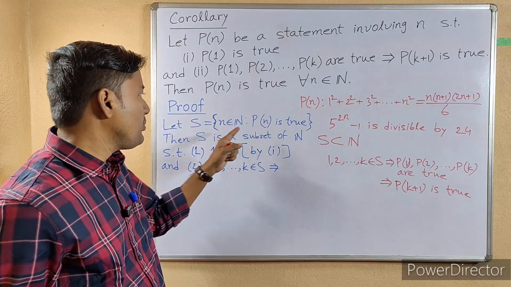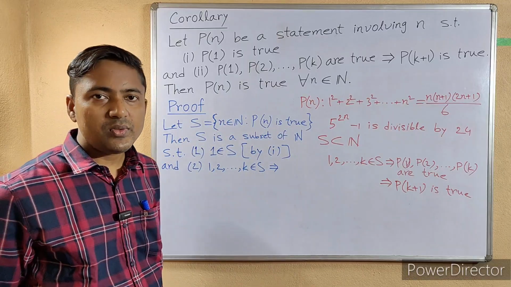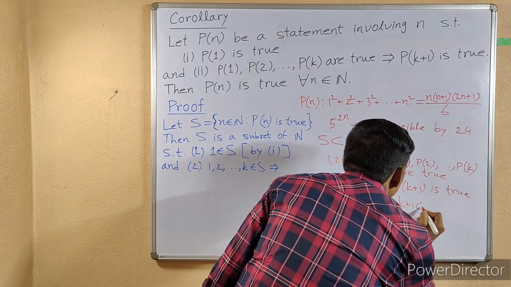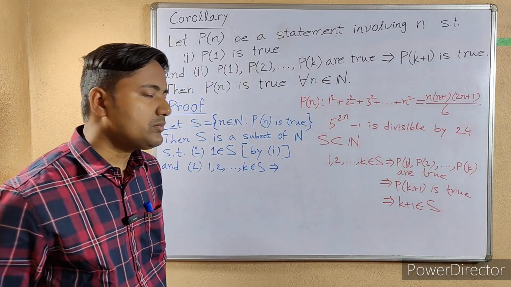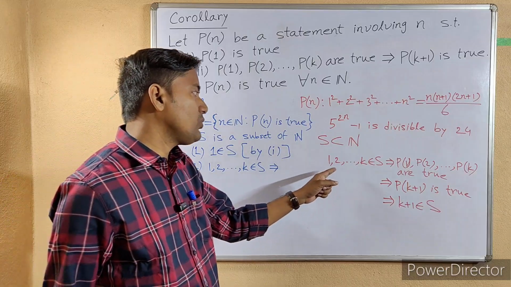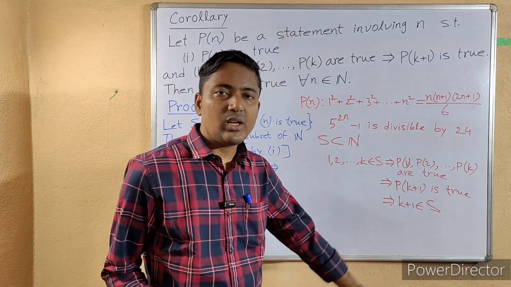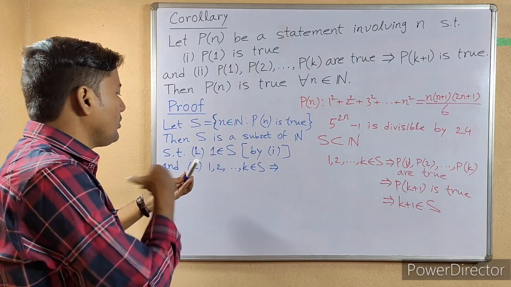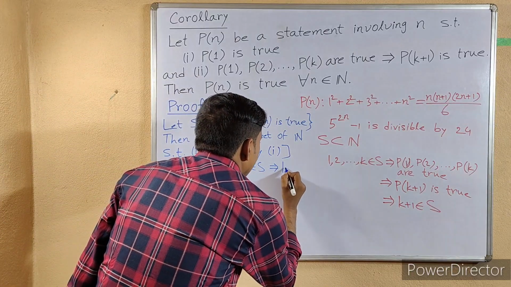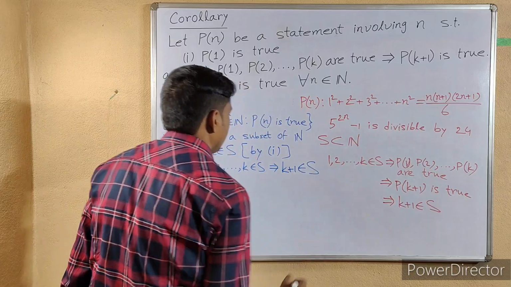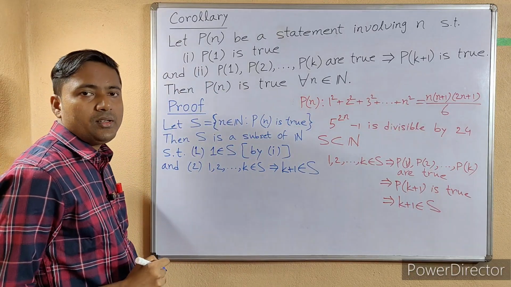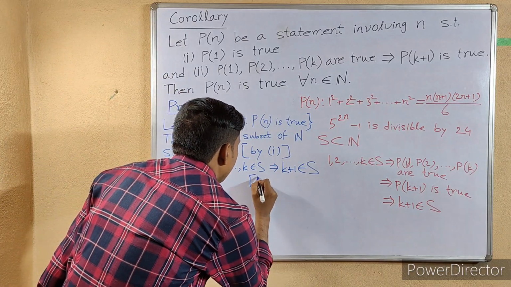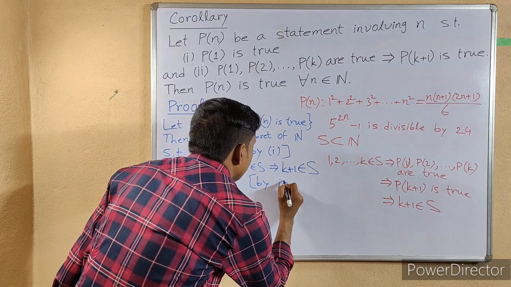Again from here Pk plus 1 is true implies k plus 1 belongs to S. Okay, so 1, 2, dot dot dot k belongs to S implies k plus 1 belongs to S. So here we have k plus 1 belongs to S, and this is obtained by the second given condition, that is by the condition 2.